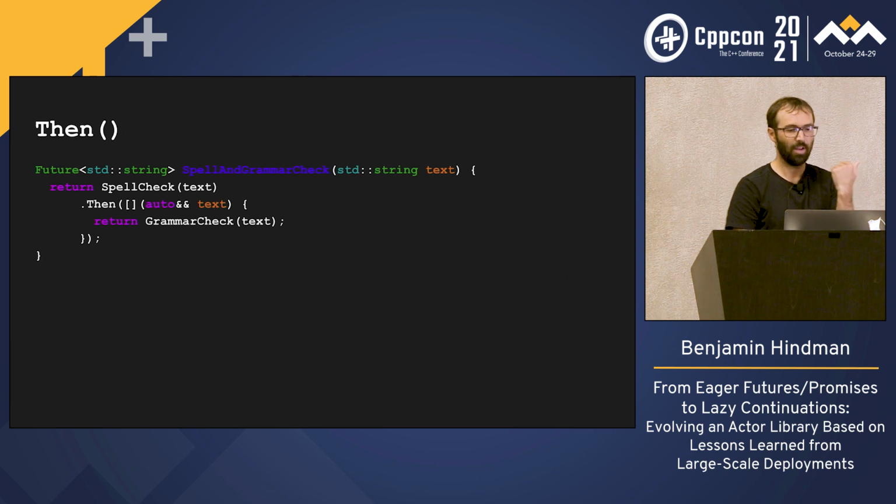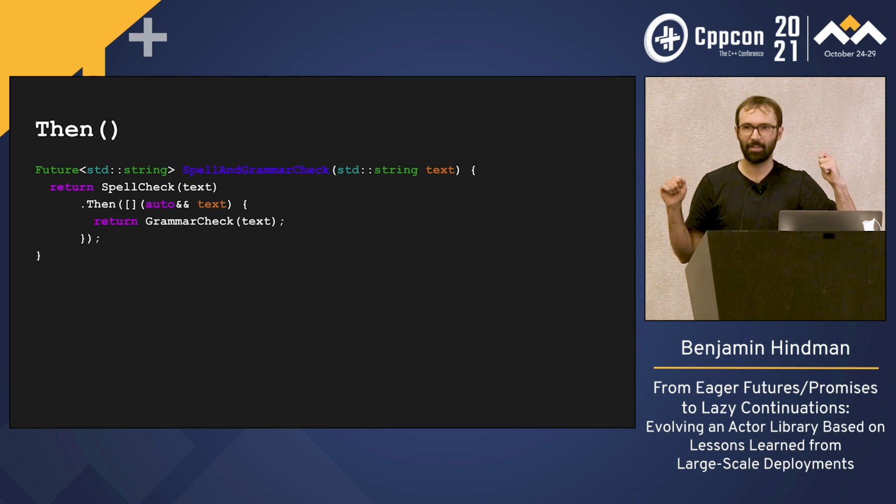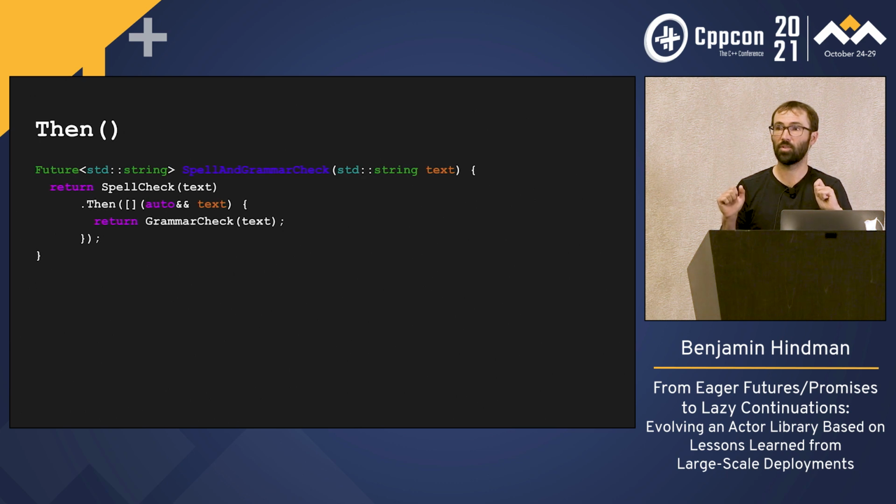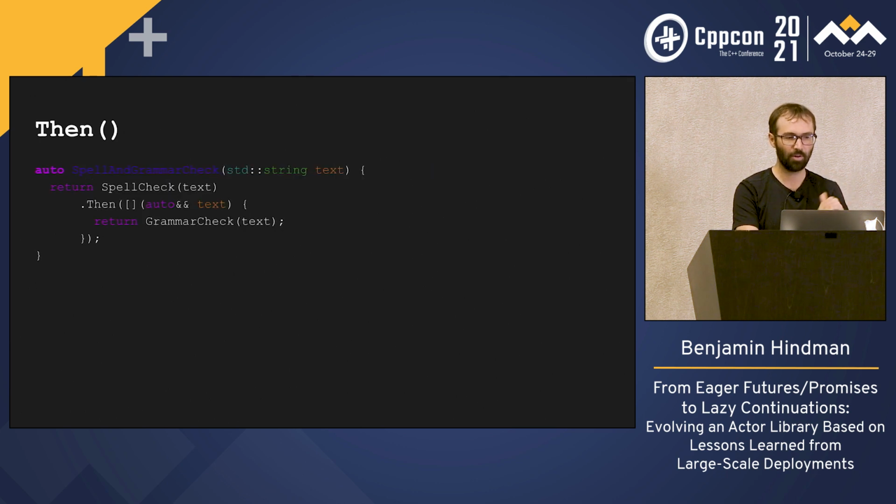Now we get even a layer above that, which again, the whole point of this was we wanted to not just do HTTP post and not just do SpellCheck of HTTP post, but to do GrammarCheck of SpellCheck, which is doing HTTP post under the covers. So what does that look like? Well, if we transform the future version, again, we're going to replace the future string with auto, and we're going to go ahead and still just call SpellCheck like we were, but instead of having .then on the future that we get back, we're going to compose it with another eventual combinator that we call then.